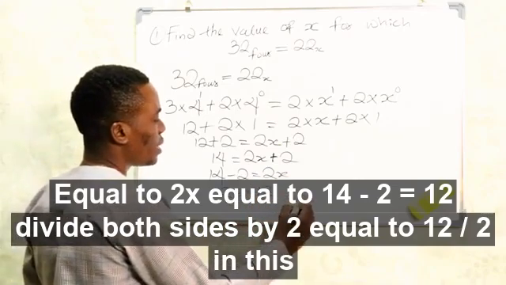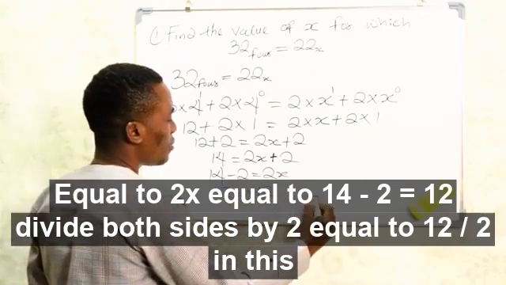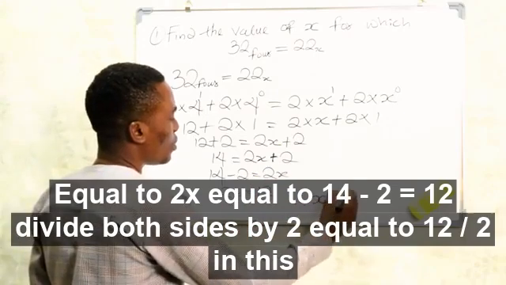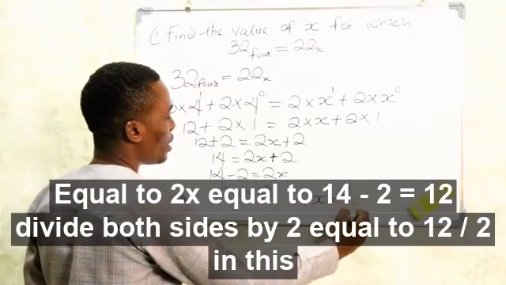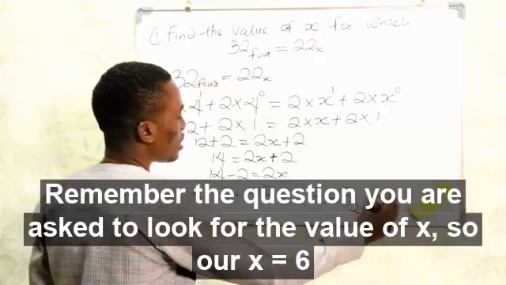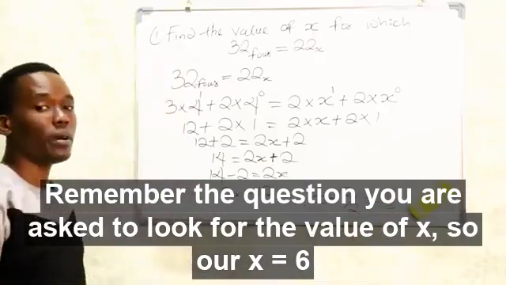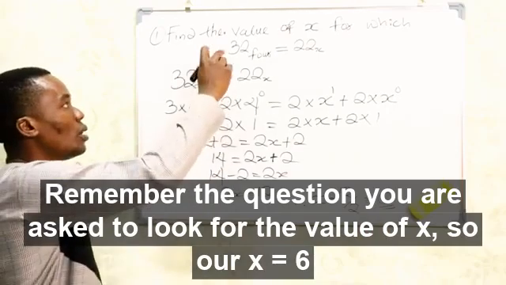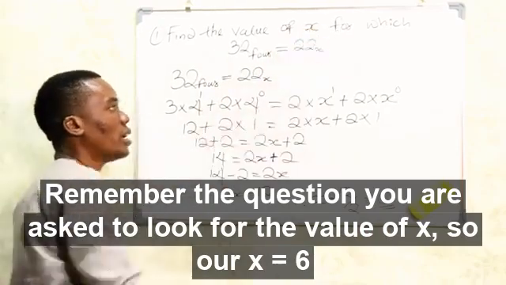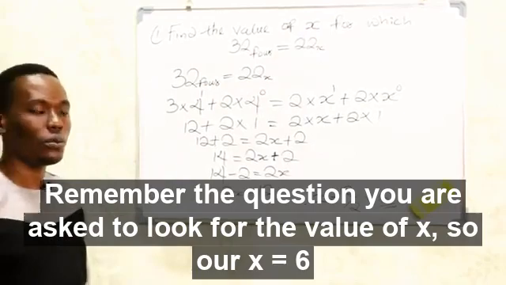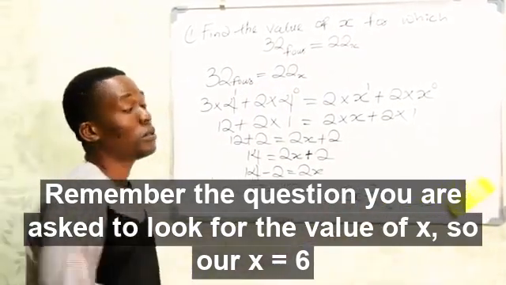So therefore, finally, if we divide both sides by 2, our x will be equal to 12 divided by 2. In this instance, our x will be equal to what? 6. Remember the question, you are asked to look for the value of what? Of x. So your value for x for this equation will be equal to 6.